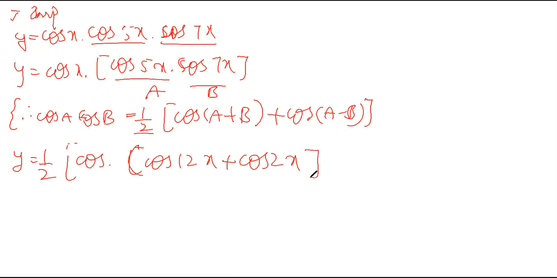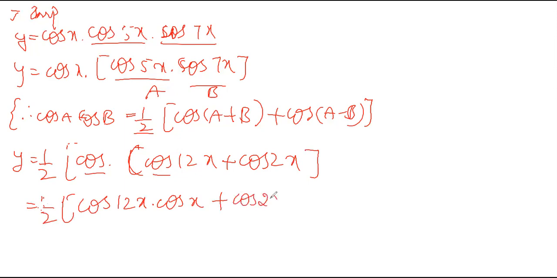Okay. Next step, 1 by 2 into cos x multiplied to this: cos of 12x into cos x plus cos 2x into cos x. Means cos x multiplied to both terms.